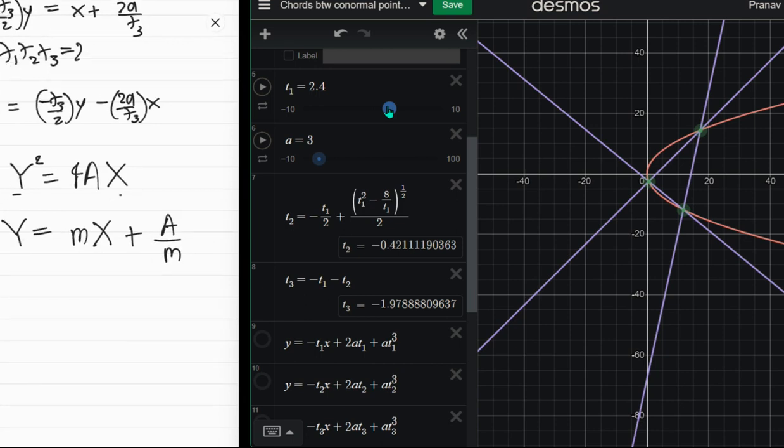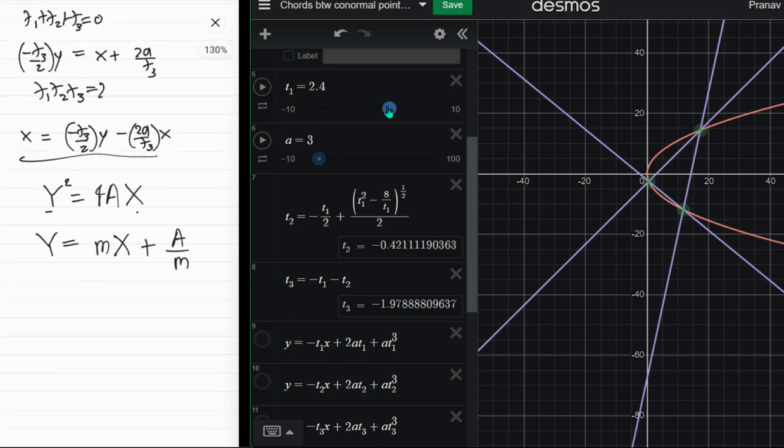Cool. But now look at this thing. This is supposedly a tangent to a parabola. If we set capital Y to be equal to x, capital X to be equal to y, and small m to be equal to negative t3 upon 2, you can clearly see that this shouldn't be x over here. This was just a constant, right? There's nothing else involved over here, so it's just negative 2a upon t3.